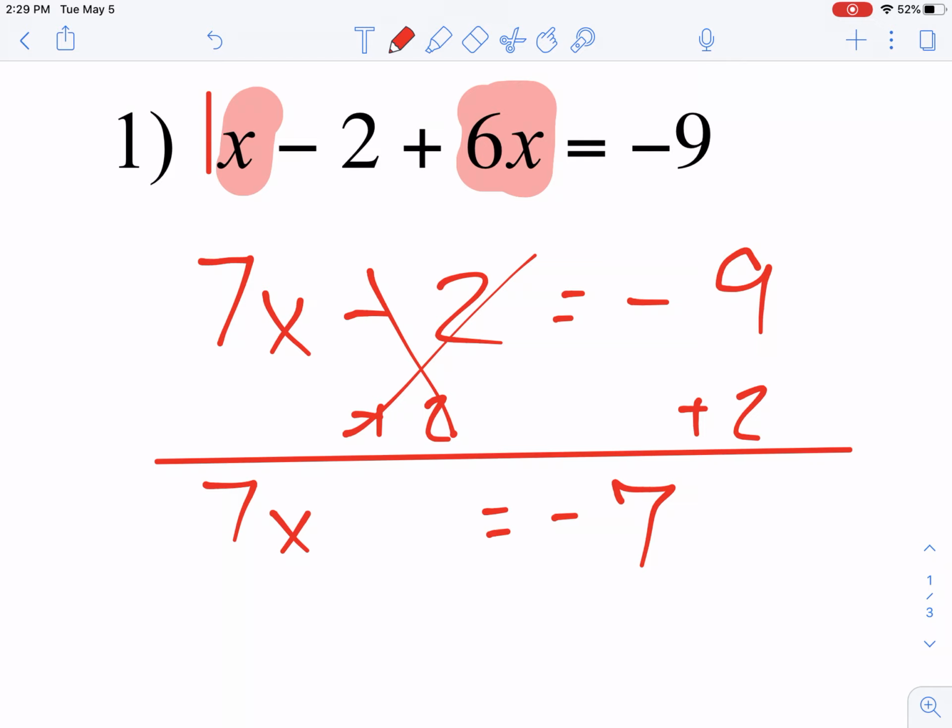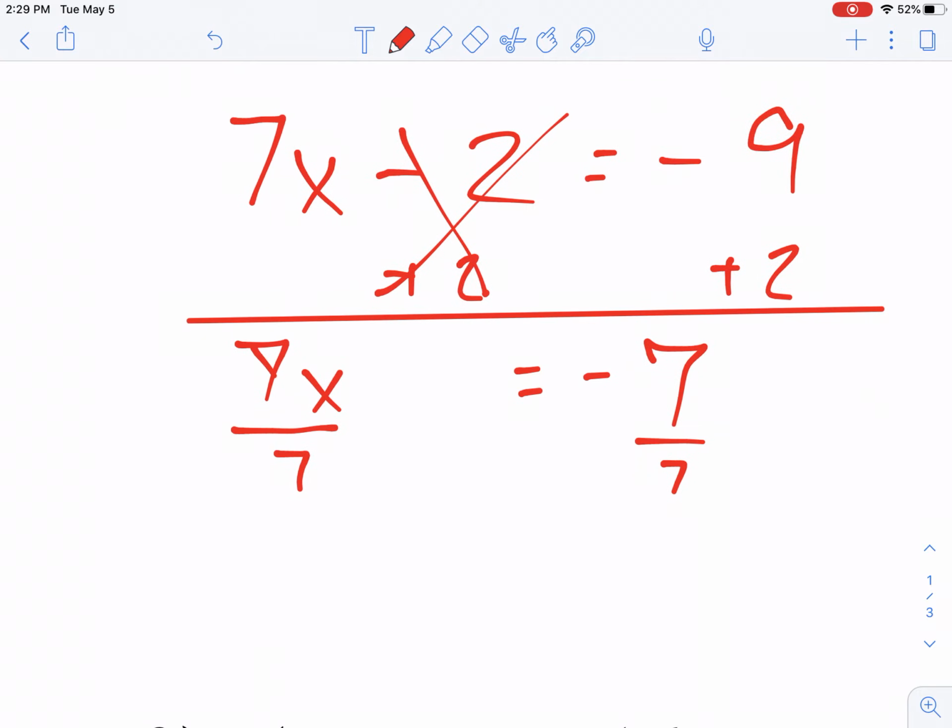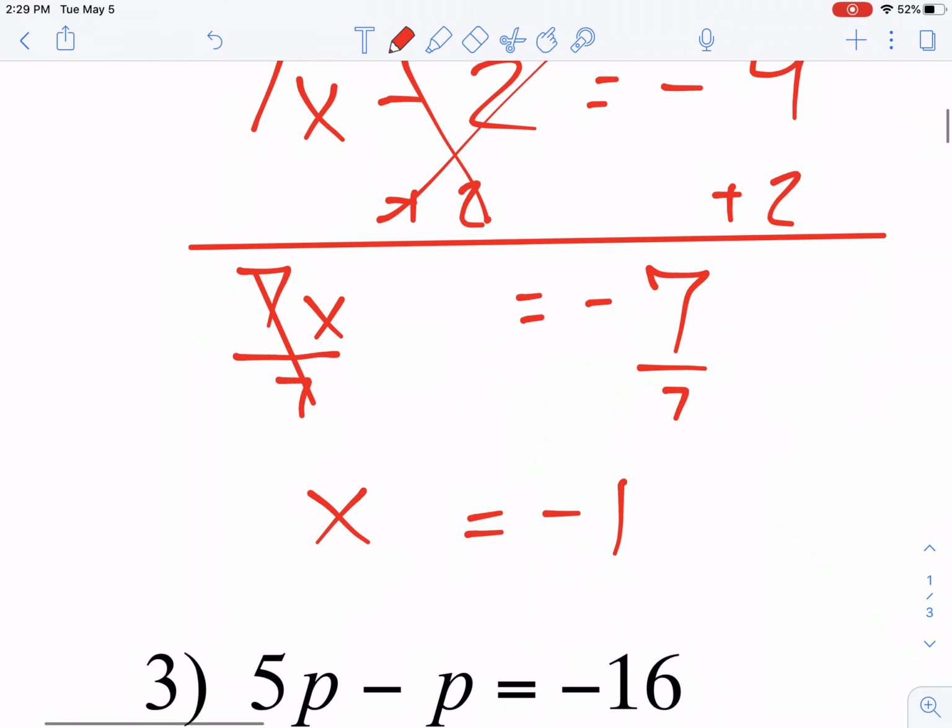So the next thing that you're going to do, which is the last step, is divide both sides by 7 so you can get the x alone. These cancel out, and you're left with x is equal to negative 7 divided by 7 is negative 1. Again, when you go to enter your answer into Canvas, the only thing you will enter is negative 1.